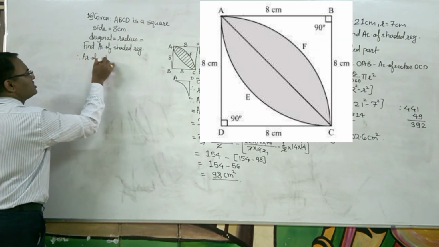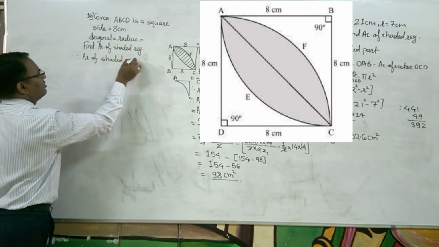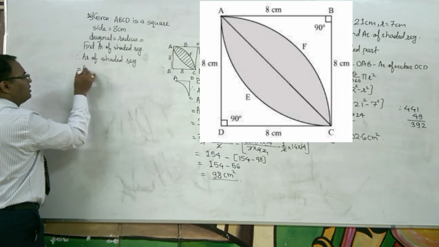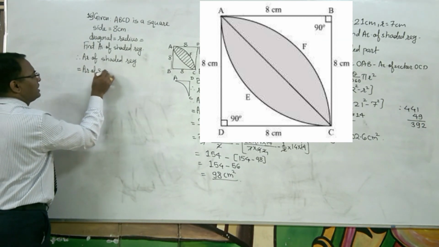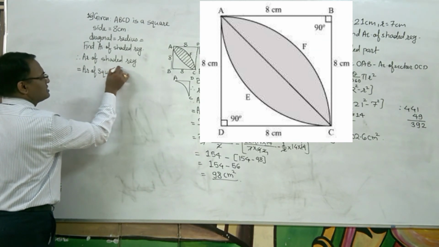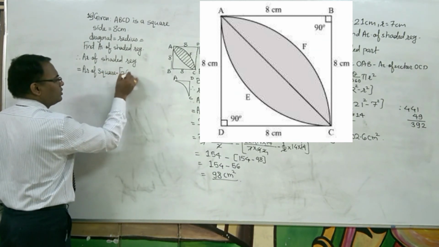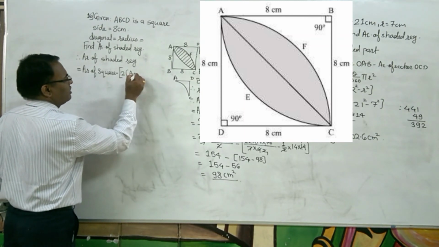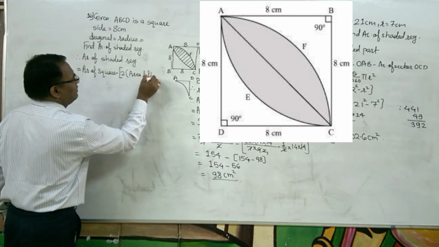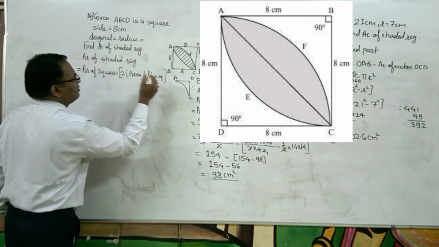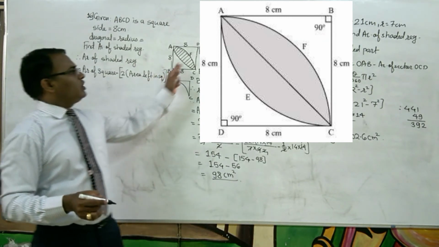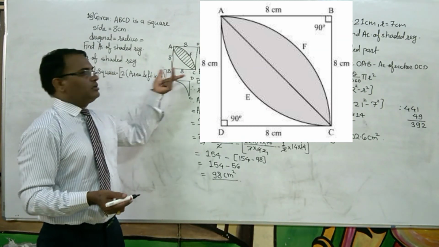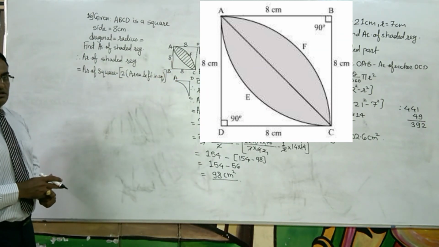Area of shaded region is equal to area of square minus 2 into area left in square. Area left in square is this one. Double is both of these, right? And this is nothing but the answer, right?